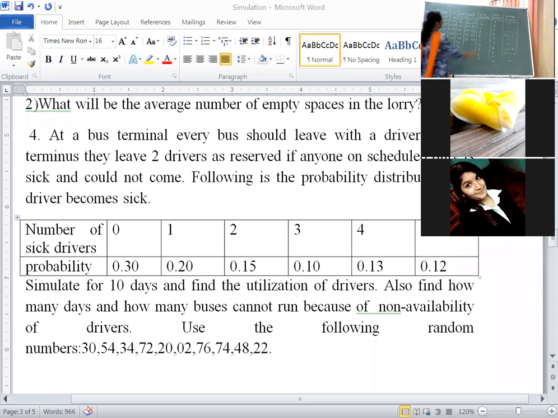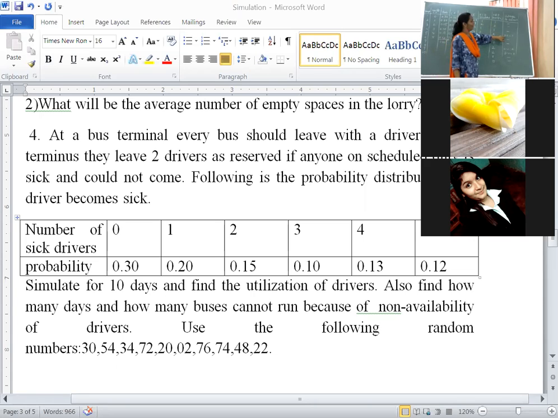Similarly, on the second day, 2 drivers are sick. Whatever reserved drivers, 2 drivers are reserved, we have to take those 2. Similarly, third day, 1 driver is sick, so out of 2 we can take 1. That's why there is no shortage of drivers till the third day. But on the fourth day, 3 drivers are sick, but we are having only 2 drivers at the terminus. That's why we are considering those 2.